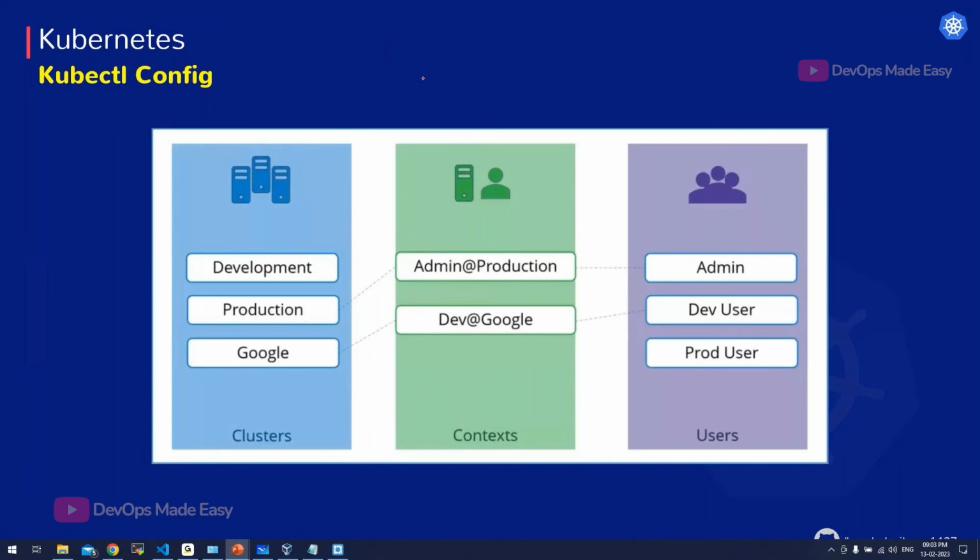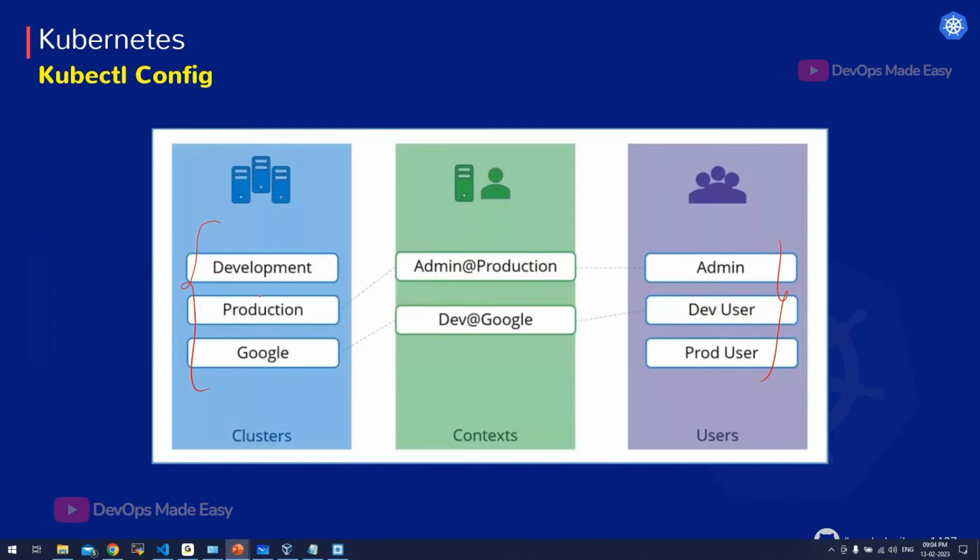It only understands certificates and keys. So when I have three different types of users, they have different certificates and keys as authentication. All these users are in the same config file, and then there are three clusters, and all cluster level information is in the same kubeconfig file.